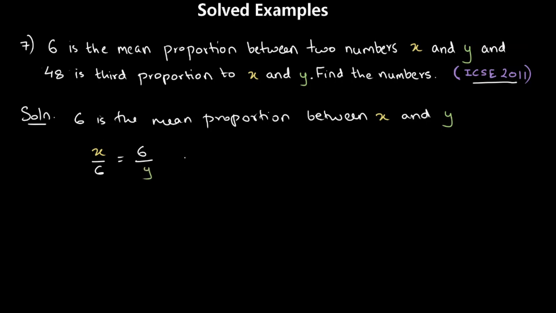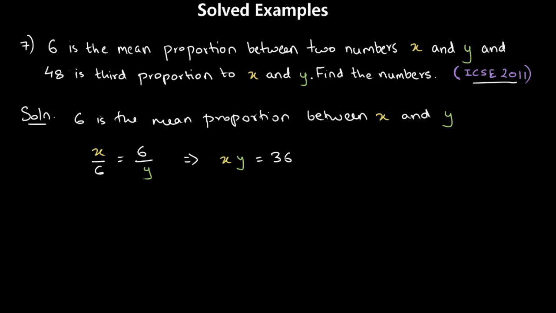If I rearrange this equation, I can say x into y is equal to 6 into 6, which is 36. All I've done is cross multiply.